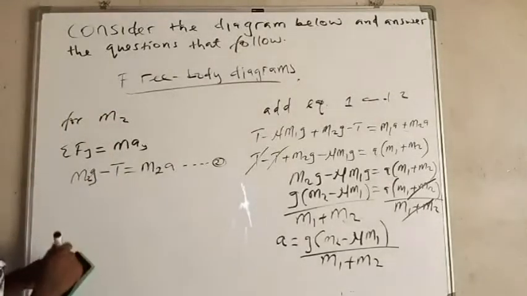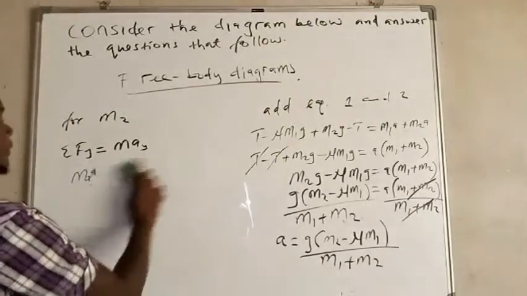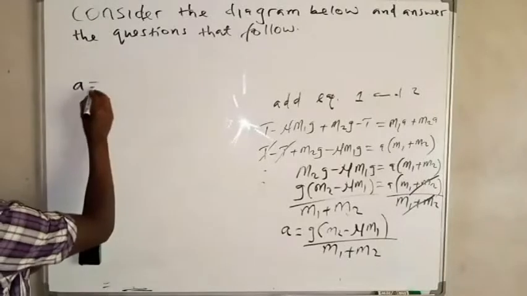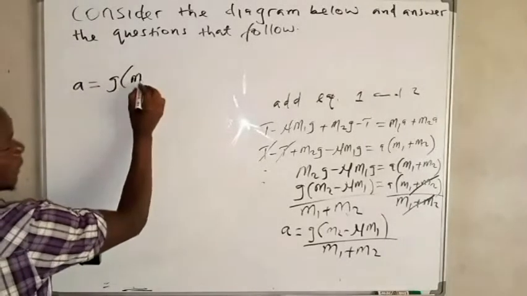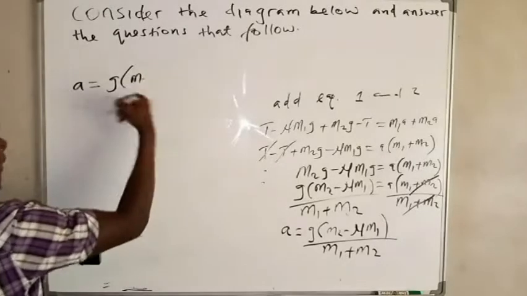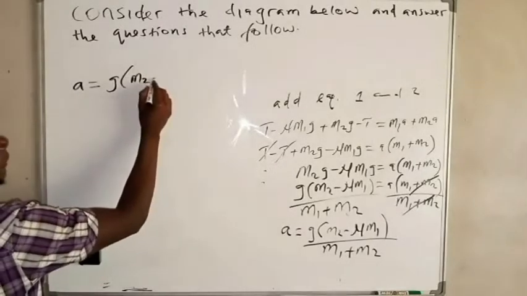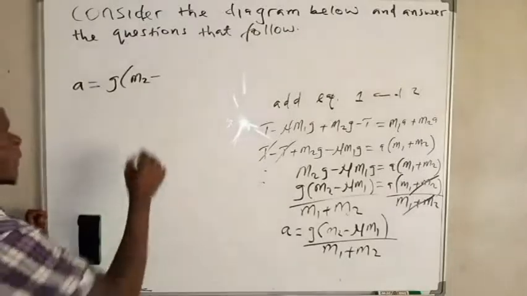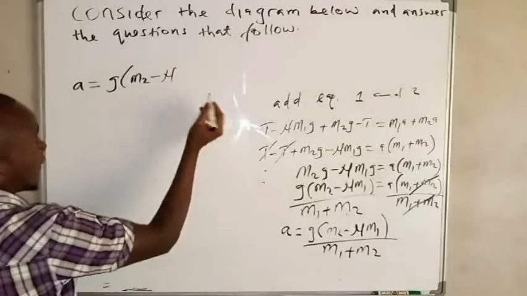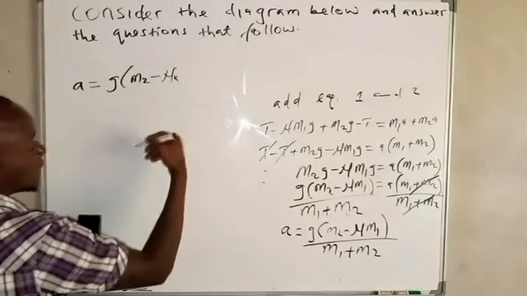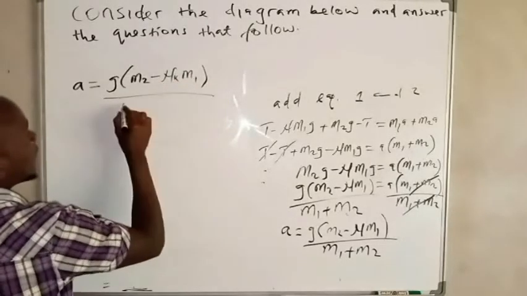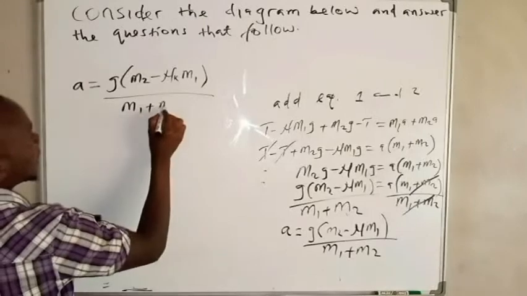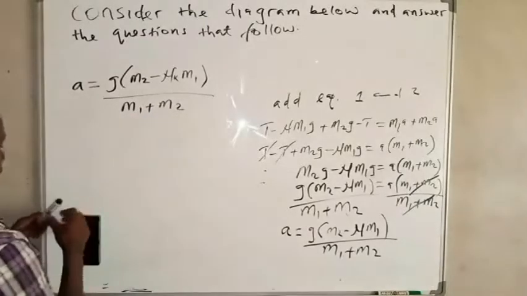Now, we can write it as a equals g times the bracket m2 minus mu, the coefficient of kinetic friction, we can put a subscript k here, times m1, over m1 plus m2.